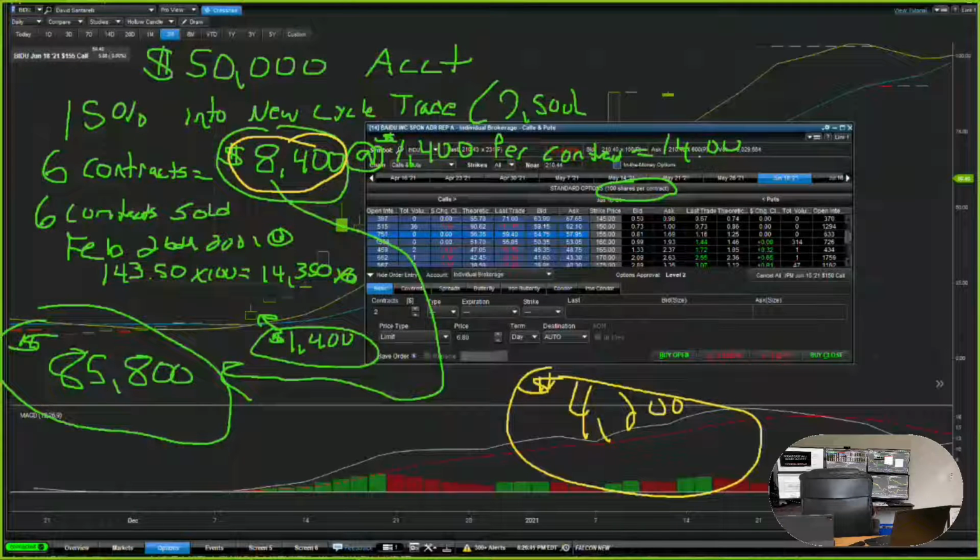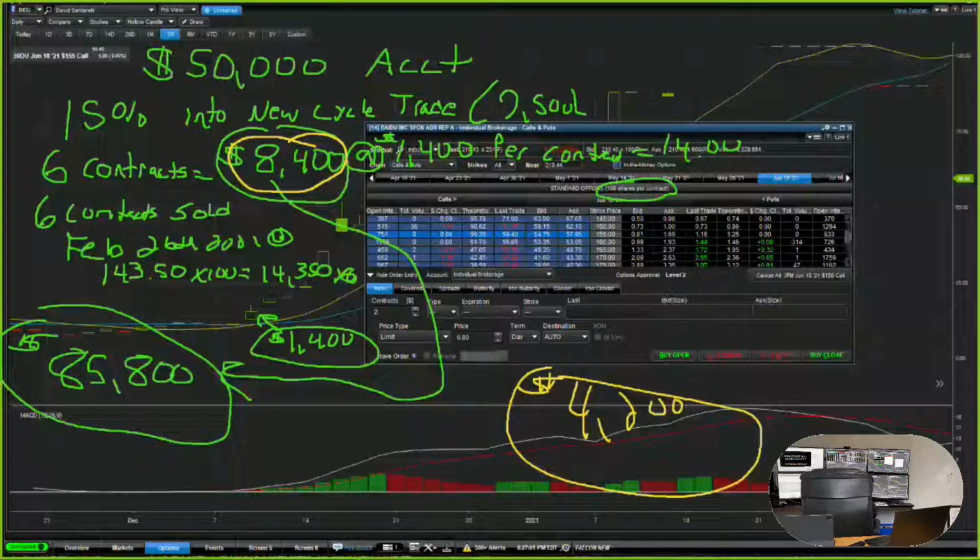If she drops 50% and I lose that, my max stop out of this trade is 4,200 bucks, and at a $50,000 account, that's about a 9% drop in your account, right? But you have to understand with the options, your money's much more leveraged. So you're going to see those swings. But guess what? Your max stop loss is 4,200 bucks.